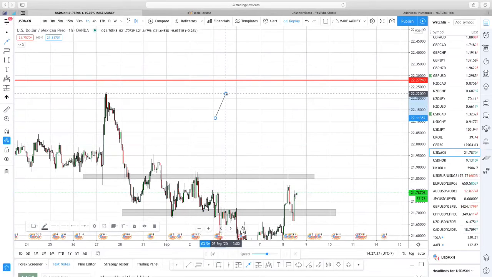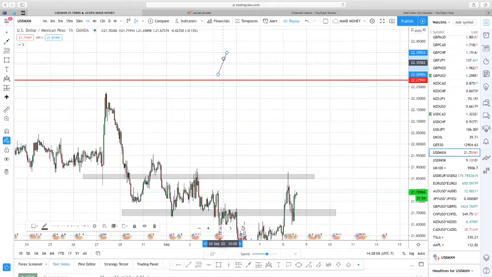So if you're anticipating the market to come up into this point and then turn around, then yes, you can set your sell limit right here, but price, which is USD MXN, has to be below that entry point, or MT4 won't let you input this sell limit if price was above here.